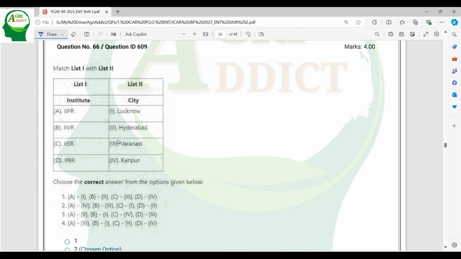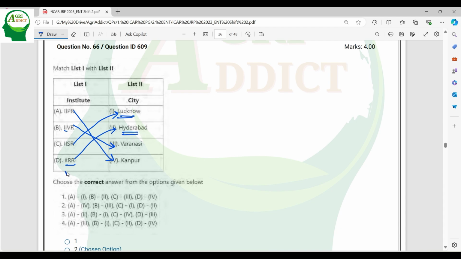Then a match the following of general agriculture. First, IIPR, that is the Indian Institute of Pulses Research, in Kanpur, UP. Indian Institute of Vegetable Research is in Varanasi near BHU in UP. IISR, the Indian Institute of Sugarcane Research, is also in UP, in Lucknow. And the Indian Institute of Rice Research is in Hyderabad.